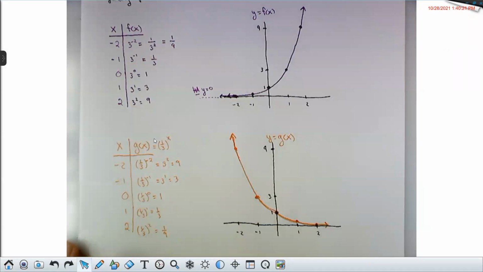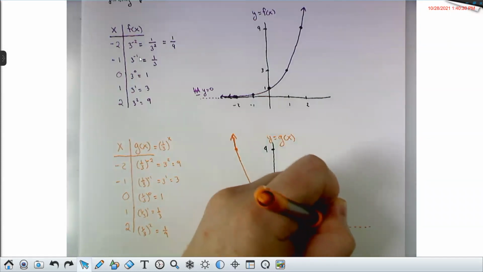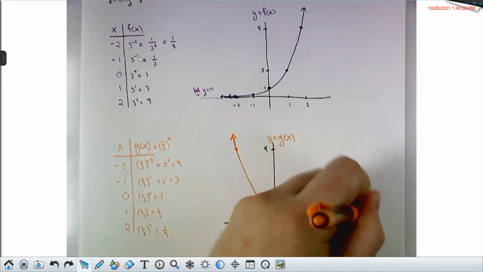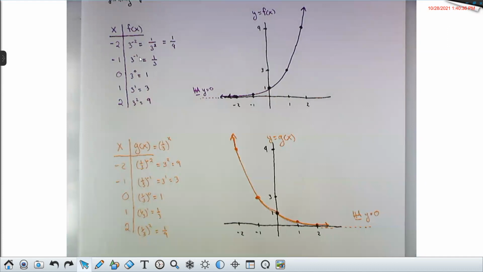What is the symmetry? The y-axis. Good. Let me draw my asymptote here also, right? If we're drawing our graphs, we should be good about this. We have a horizontal asymptote here. It's also the line y equals 0. If I flip the purple graph over the y-axis, it becomes the orange graph. Or conversely, if I flip the orange graph over the y-axis, it becomes the purple graph.